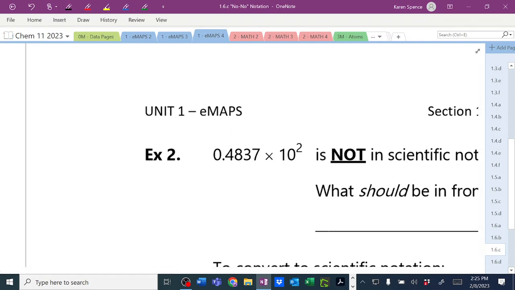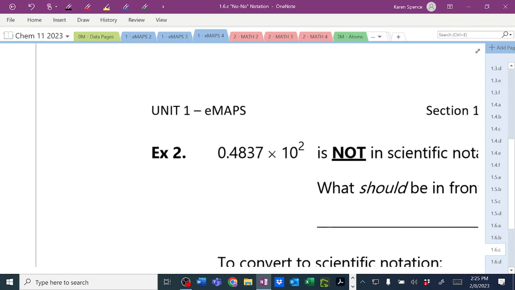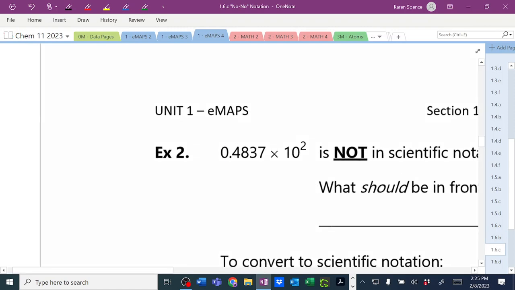What's wrong with that number that makes it not in scientific notation? What's wrong with this number in front of the decimal?